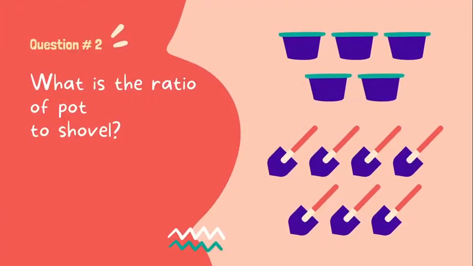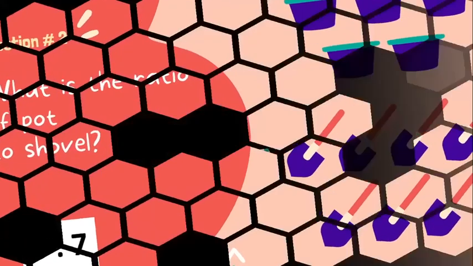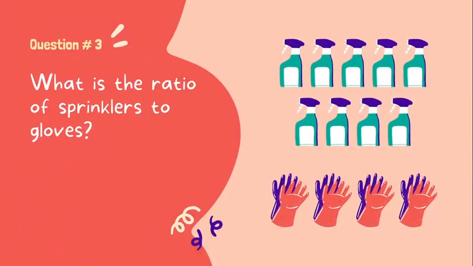What is the ratio of pot to shovel? If your answer is 5 to 7, you got it right. Question number 3. What is the ratio of sprinklers to gloves? If your answer is 9 to 4, you got it right.